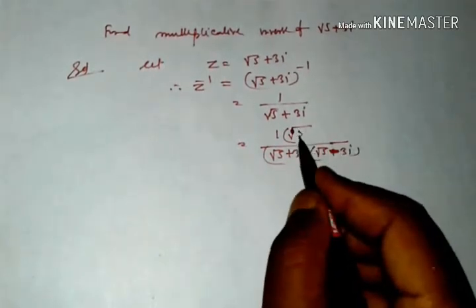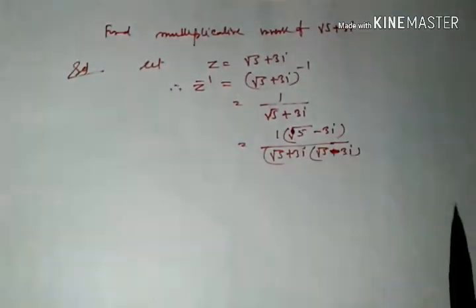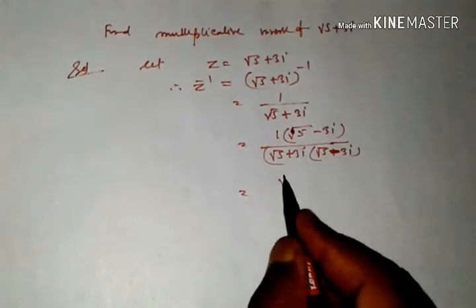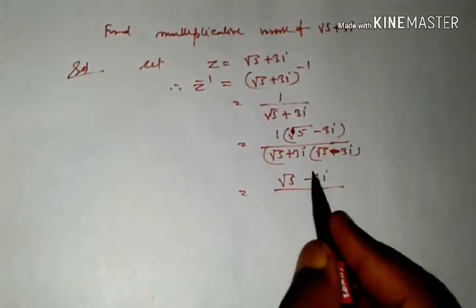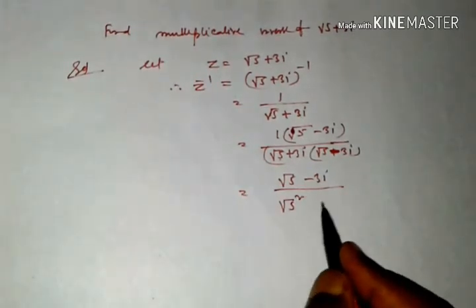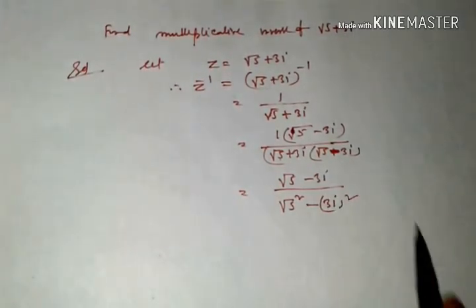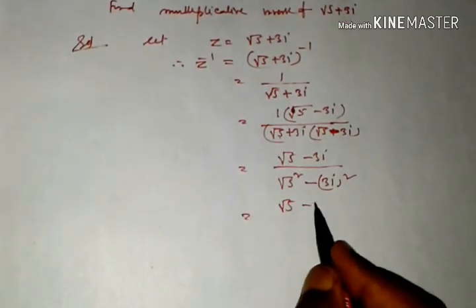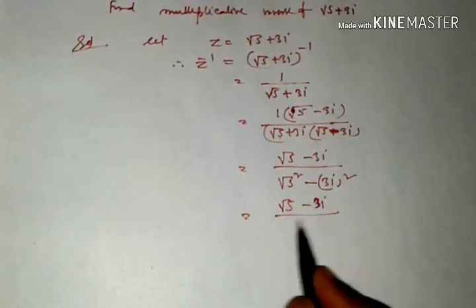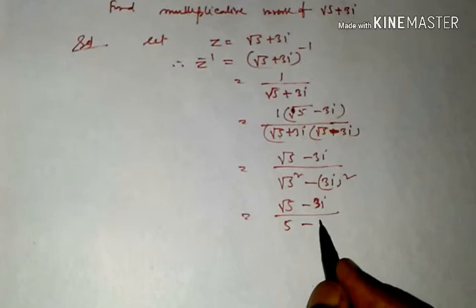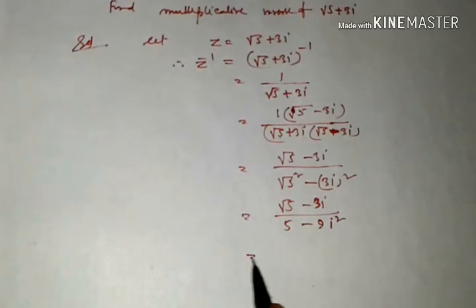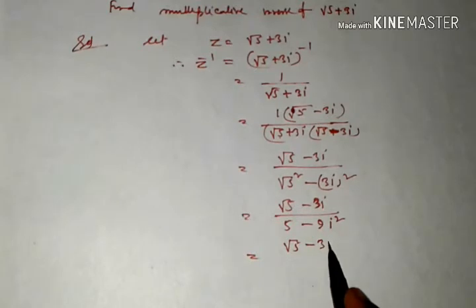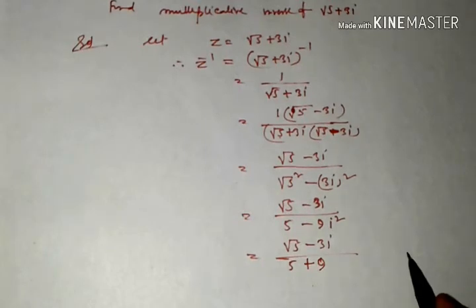Therefore this is root 5 minus 3i. Now this is root 5 plus 3i, root 5 minus 3i, a plus b, a minus b, a square minus b square. And this is root 5 minus 3i over 5 minus 9 i square. I square means minus 1. Therefore, 5 plus 9, since i square is equal to minus 1.